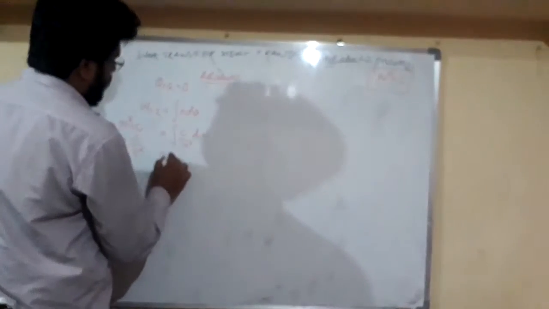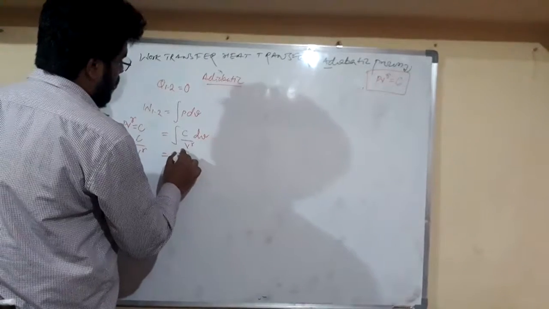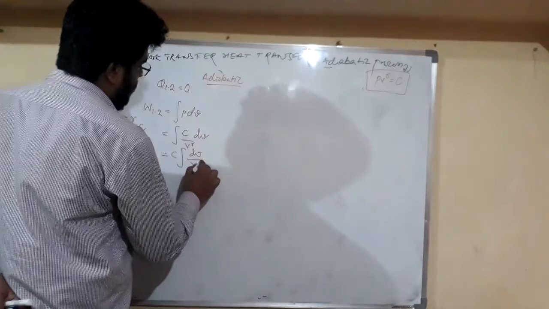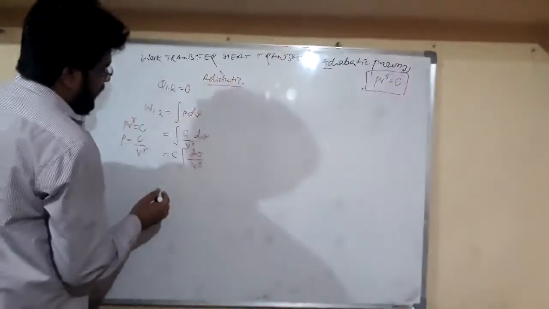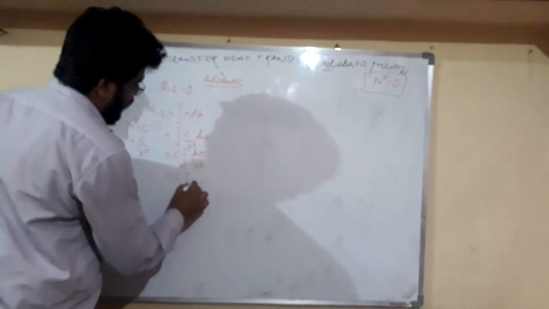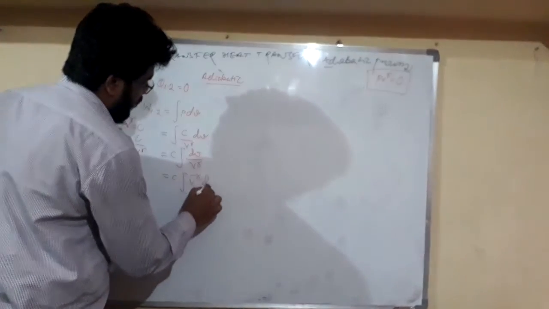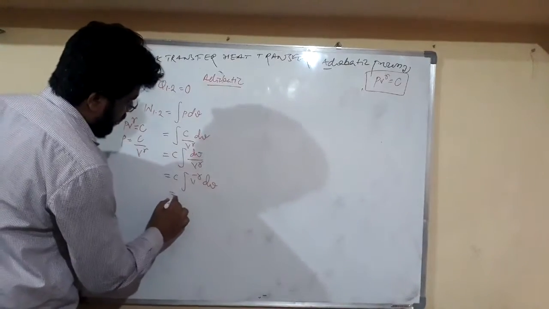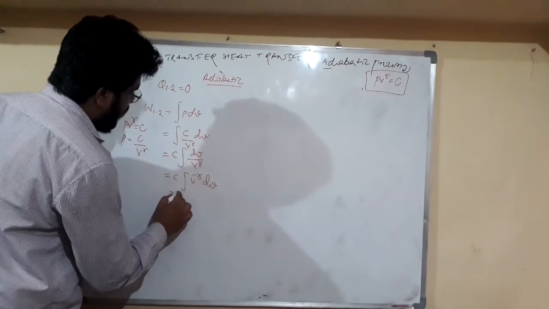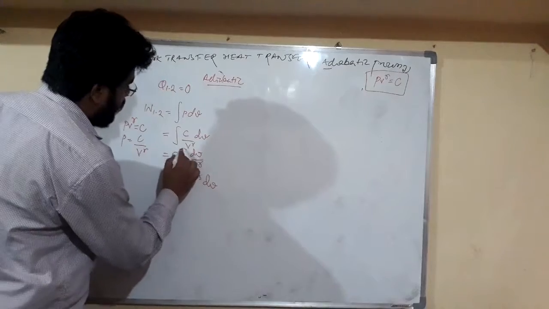Here C is constant, so it comes outside, and we integrate dV upon V^gamma. While integrating this, we write it as V^(-gamma) dV. And if we apply our limits, it becomes from 1 to 2.